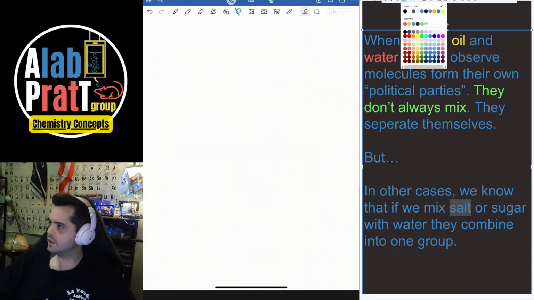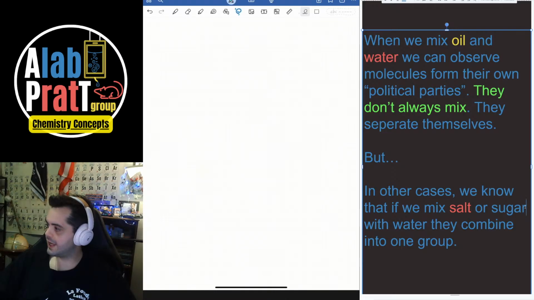And so salt, fairly ionic, so we'll leave it red. Sugar, good H bonding, good dipoles, so polar, so we'll leave it kind of red too.